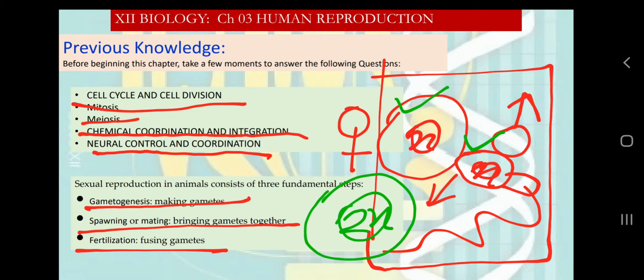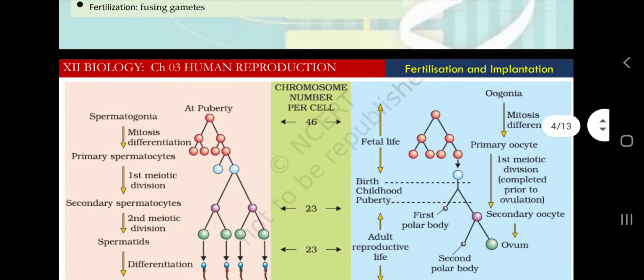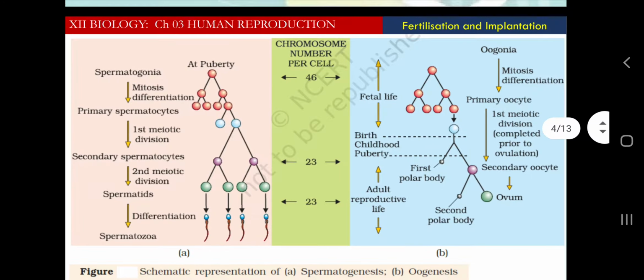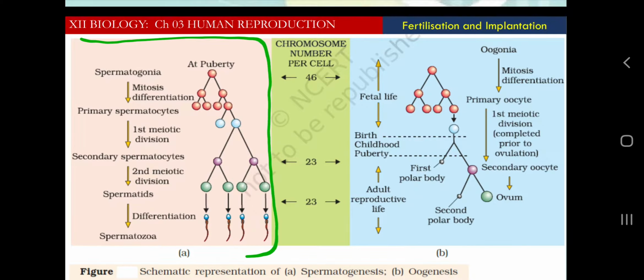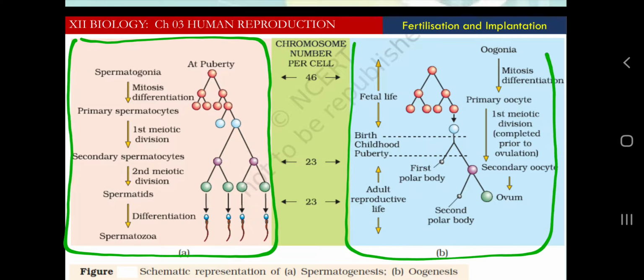Next, the first slide in our presentation, again the comparison between spermatogenesis and oogenesis. I have discussed this in detail in my previous videos of the female reproductive system. This is only for recall value: spermatogenesis happens in the testicles, and oogenesis happens in the ovary.